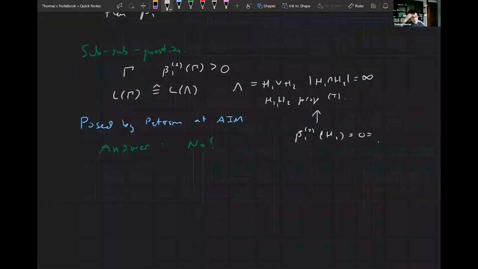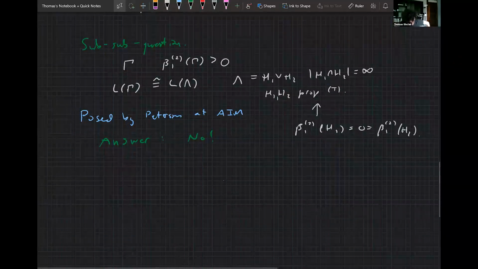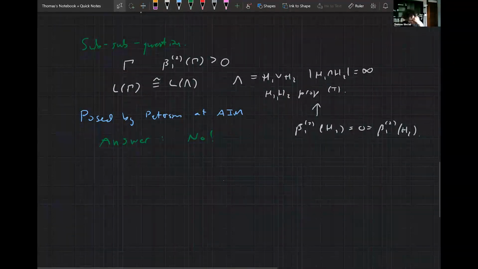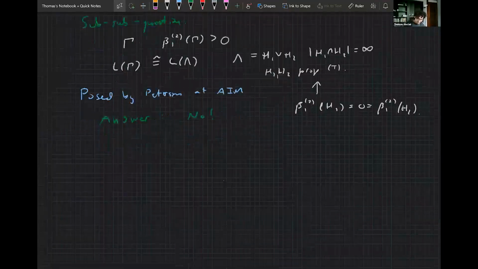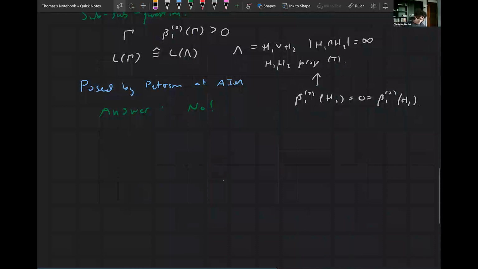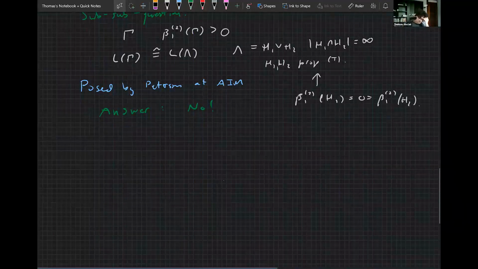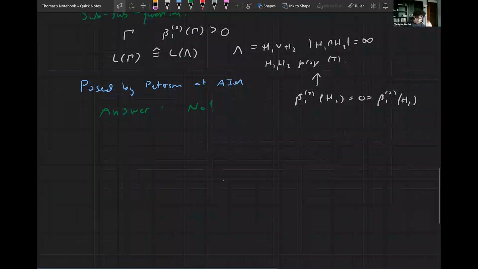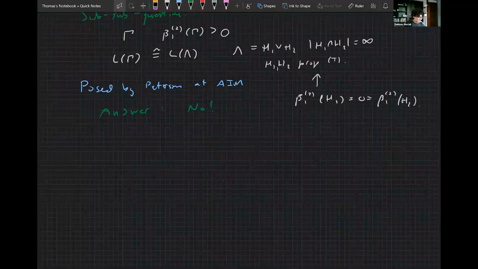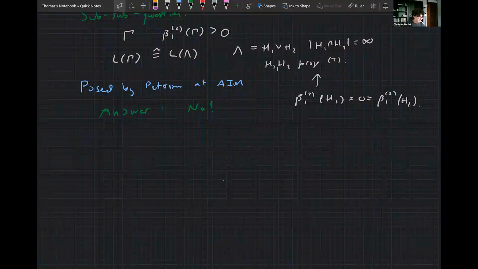So that gives you some indication that, well, okay, maybe these Betti number questions may not be totally hopeless or out of range of techniques.